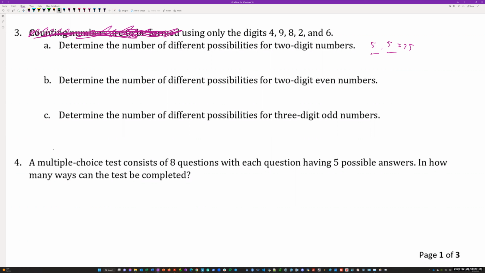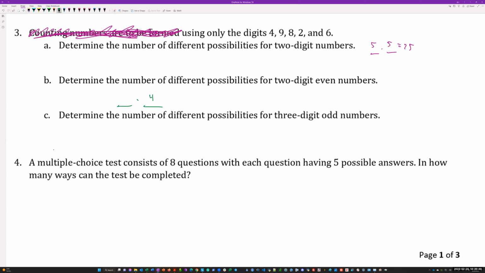So if you have a 2-digit number, what if it's even, what has to be true? Second number has to be even. Does that make sense, guys? So how many choices you got for the second number then? 4, I like you saying 4 here.